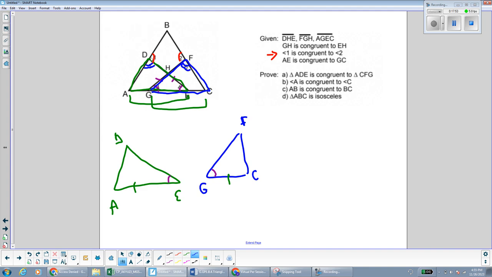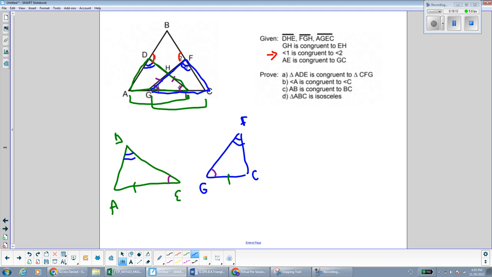So whatever these are, since they're the same, these have to be the same as well to make the 180 degrees. So supplements of congruent angles have to be congruent to each other. And that gives us a second pair of angles that we can use. And now we have that the triangles are congruent by AAS.